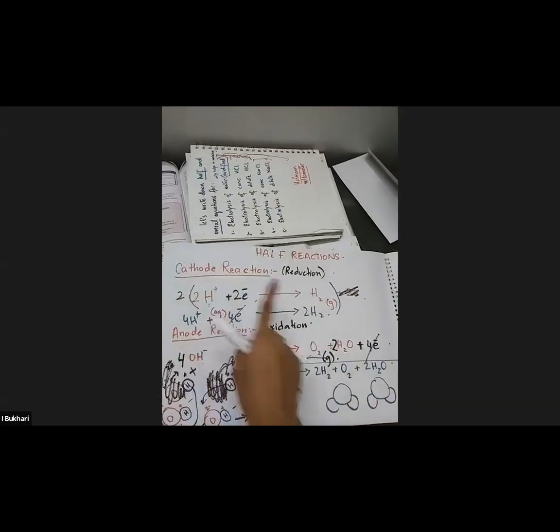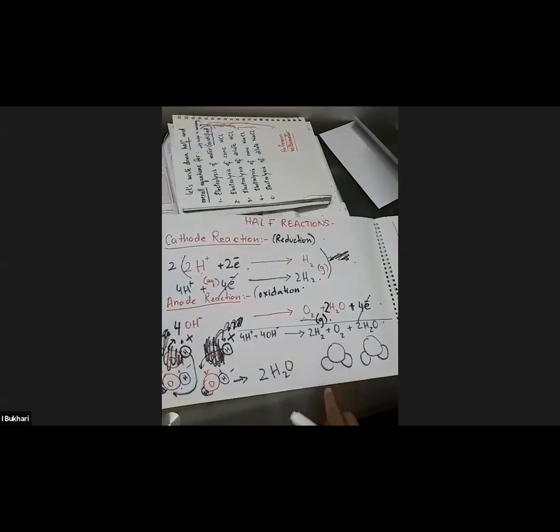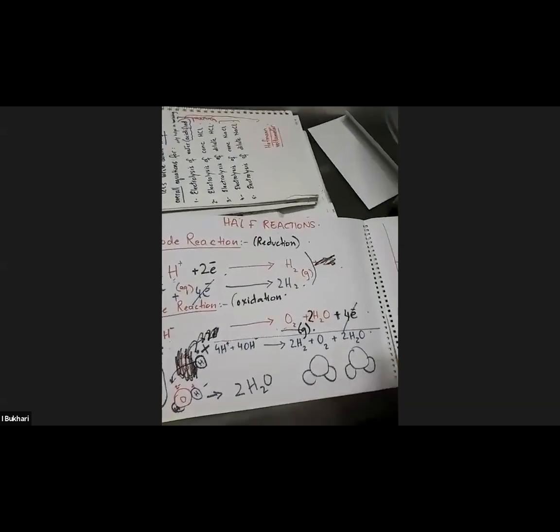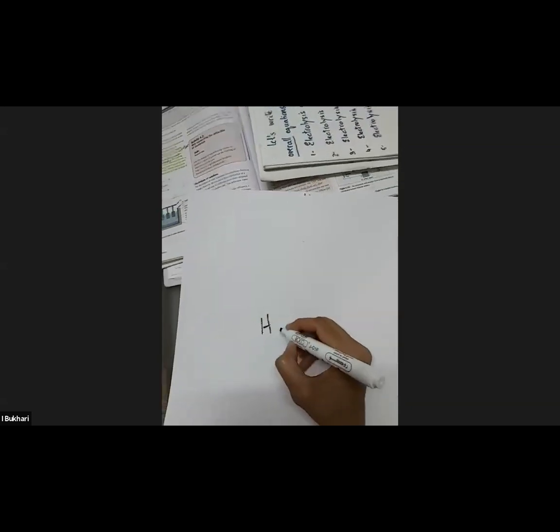And when you write the combined overall reaction, what you will get is a water molecule splitting into oxygen and hydrogen. The overall reaction would be, you know what I mean, right? Water giving hydrogen and oxygen.